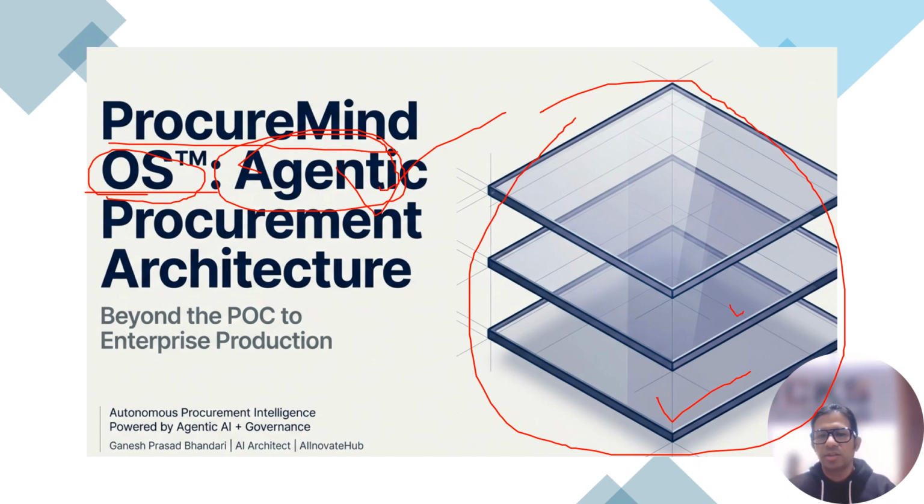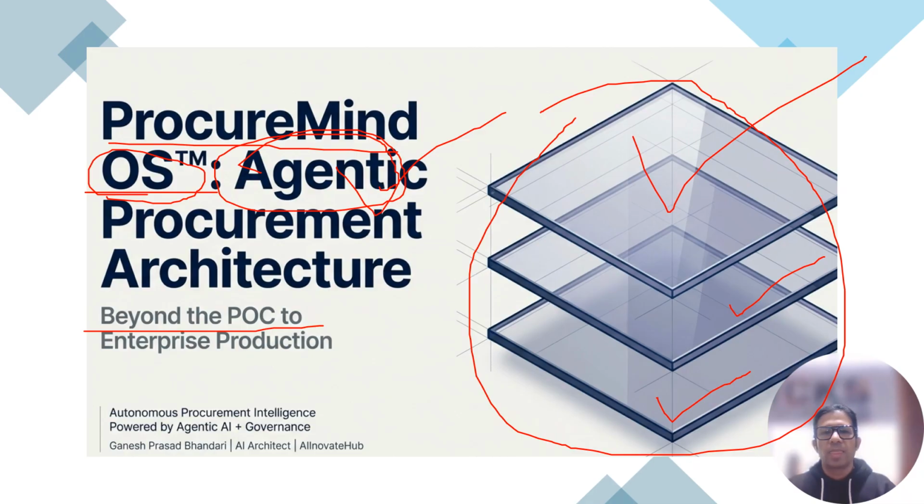Middle layer is intelligence: retrieval, knowledge graph, reasoning agents. Top layer is the governance and execution layer: approvals, audit logs, and real actions into ERP.